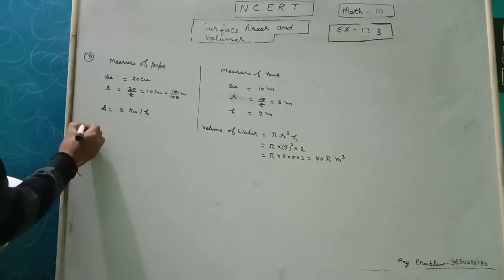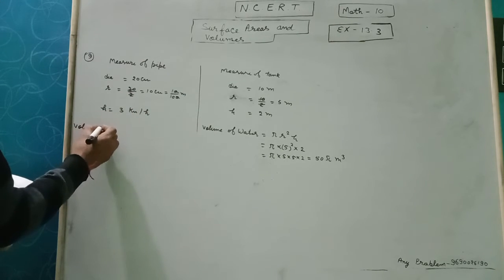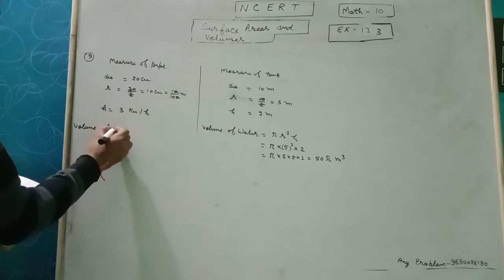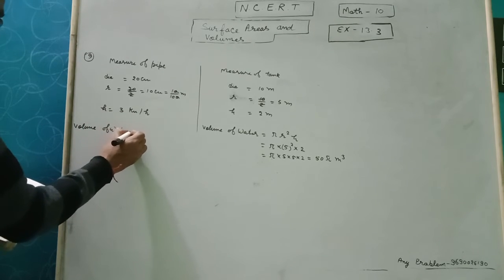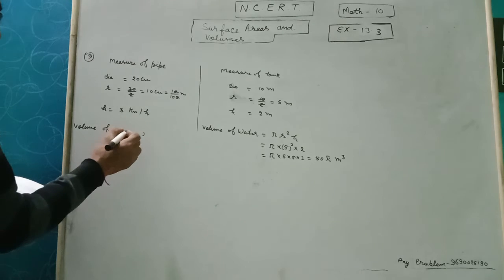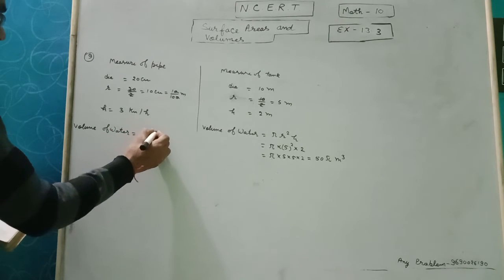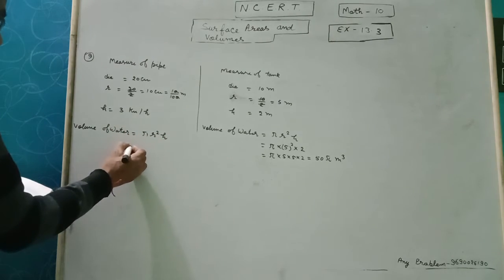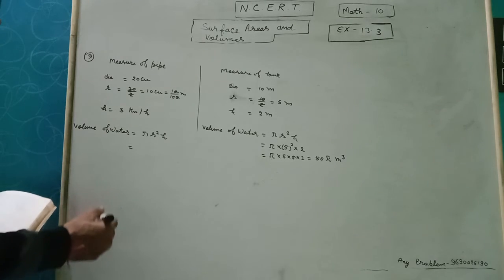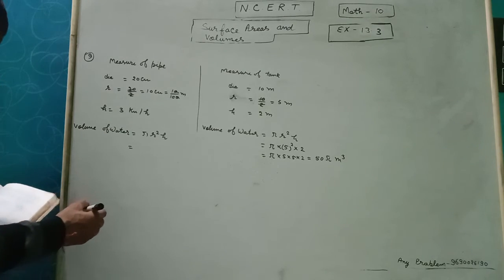Volume of water through the pipe: pi r square h is the formula of the cylindrical pipe.